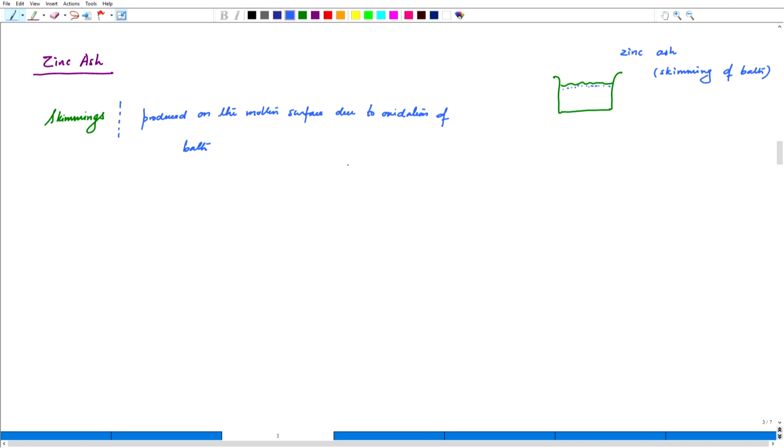What exactly are we looking at when we are thinking of metallic content? We are seeing nearly 9 kg of zinc ash and 10 kg of dross.